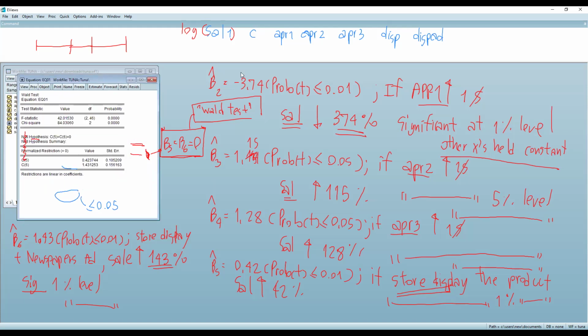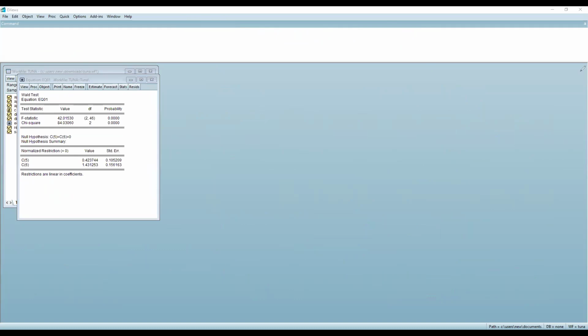Okay, then how do you read this printout? In the exam, I may give you the printout of the Wald test, so you have to look at the null hypothesis. This is H null, so this is beta 5 equals beta 6 equals 0, right? Then you can see the probability. If it's greater than 0.05, we go to H0. If it's less than 0.05, we go to H1.